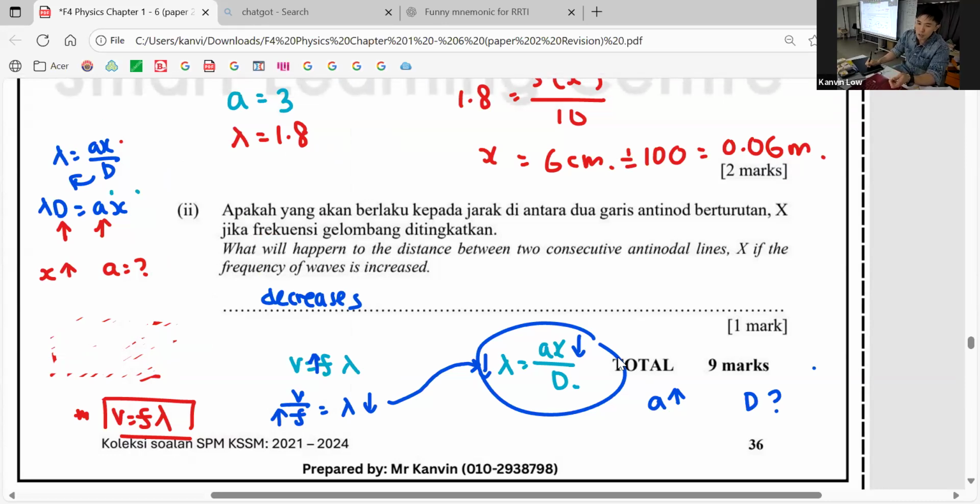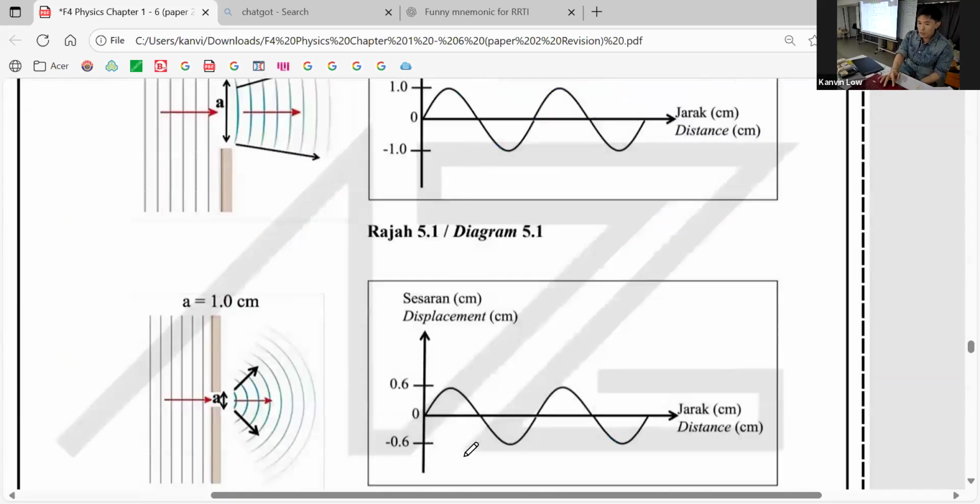After that, if I move the x to the left, it becomes lambda d over x equals a. So students, if my x increases, what happens to my a? Decreases, right? So the answer is decrease. Do you see that now? If they ask what is the relation, what is a, then you make the a alone. If they ask x, then you make the x alone. Then you know what to do already. Understand, right? Cool.